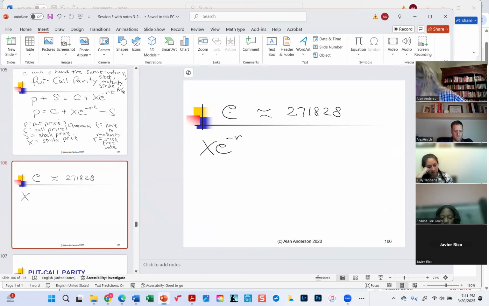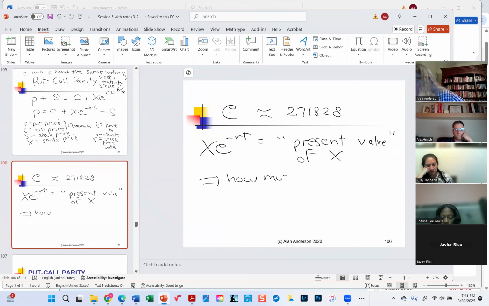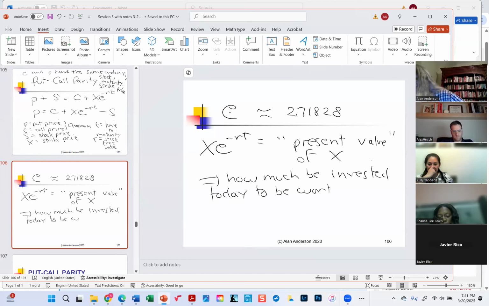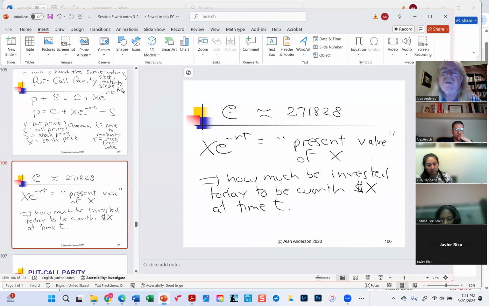So X e to the minus RT is the present value of X. And that means that, for example, how much must be invested today to be worth X dollars at time T. So in other words, this piece is the so-called discount factor.